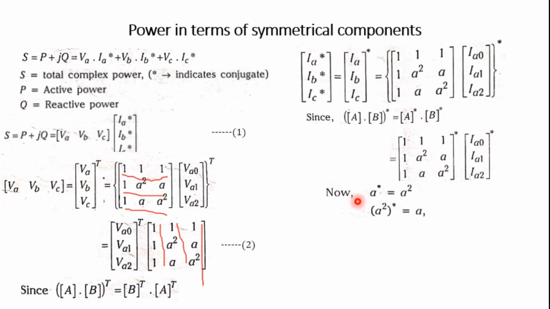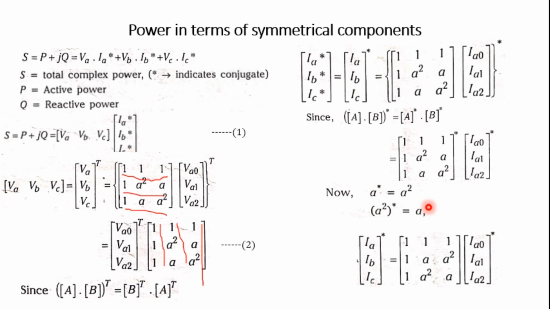We know that the transpose of a can be written as a², so the transpose of a² will become a, since a³ is 1. By using these, we can write it by rearranging, IA, IB and IC. Here we are taking the transpose of this matrix, so the conjugate of the matrix will become [1 1 1; 1 a² a; 1 a a²].